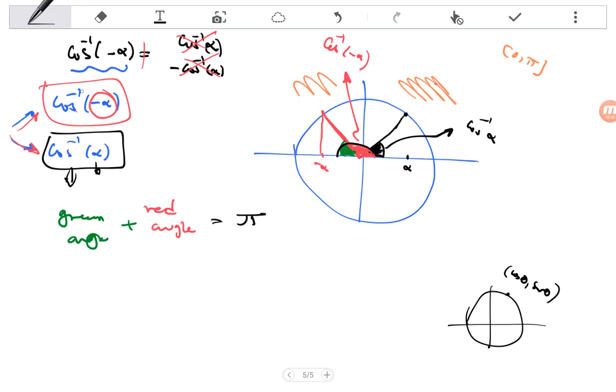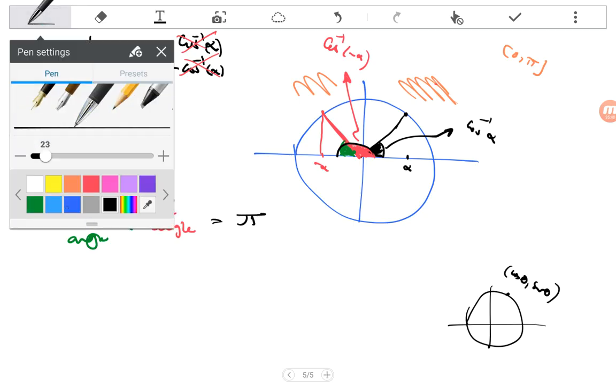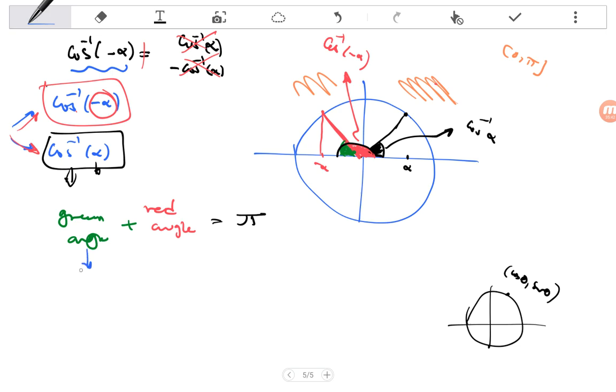Okay? But the green angle has the same value as cosine inverse alpha, and the red angle is the cosine inverse of negative alpha. So now I have this rule: cosine inverse negative alpha is just pi minus cosine inverse alpha.